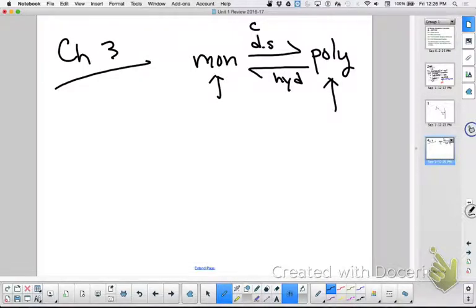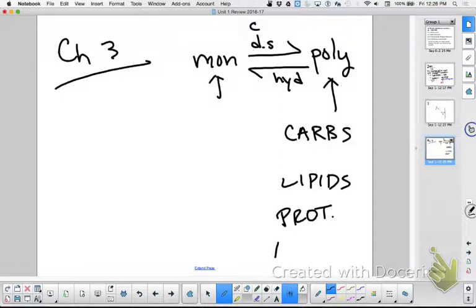What were our 4 important polymers? Carbohydrates. Carbs. What else? Lipids. What else? Proteins. And what else? Nucleic acid. And we know the functions of these 4 polymers, right? And we know what each of them are built out of, and we know carbs are ultimately built out of what?